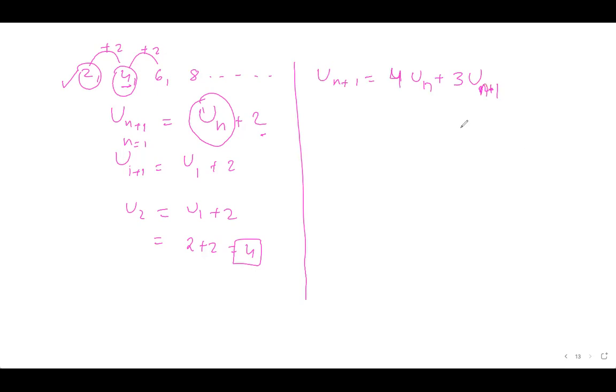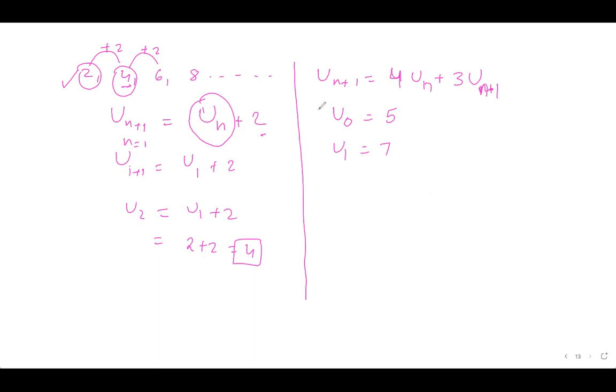And what you'll be given is some initial condition. For example, I'll give you that u0 is 5 and u1 is 7, and you have to generate the next 2 terms of the sequence. So I have to get u2 and I have to get u3.